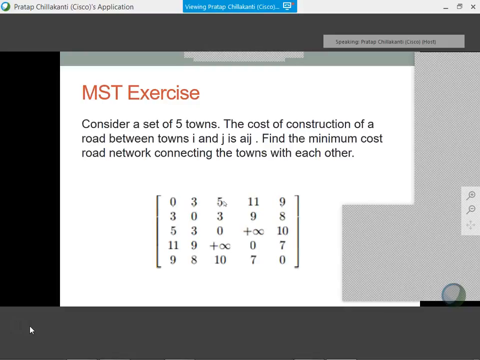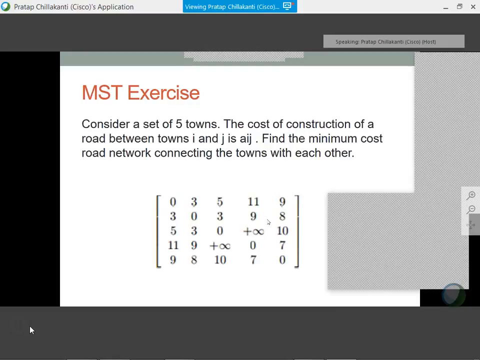A to C, the distance is 5. A to D, the distance is 11. Like that, you read that. Okay. Is there anyone who does not understand how to read the matrix? Very straightforward, right? So just call these towns A, B, C, D, or you can give real names if you want to. It's up to you.